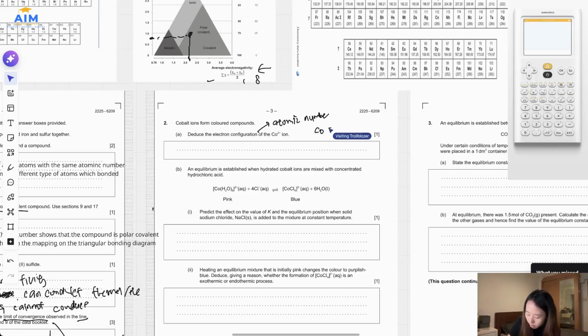So if we are going to do the neutral one first, 27. How do we actually do the electron configurations? It's based on this chart. Usually you can put 2s2, 2p6, 3s2, 3p6, using this diagram.